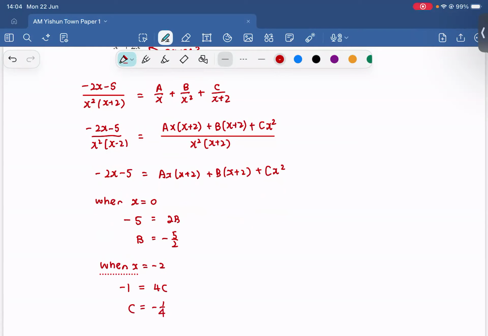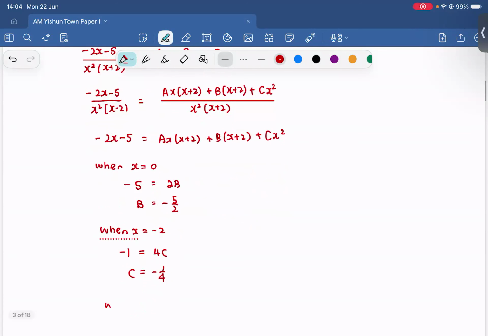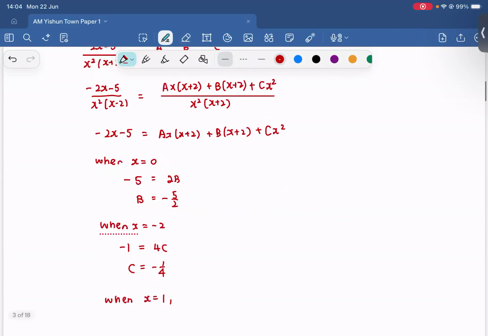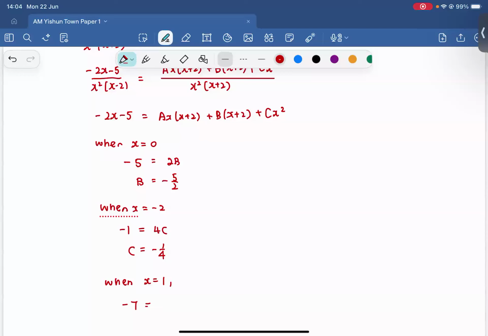Wow, the answer is so funny, huh? Then we can choose any other number. So I choose when x is 1, easier for us. It will be a times 1 times 3.